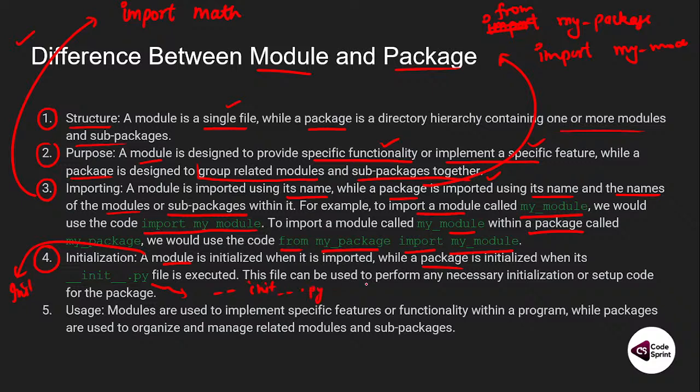This file can be used to perform any necessary initialization or setup of the code for the package. Now at last we have usage. Modules are used to implement specific features or functionality within a program, but packages are used to organize and manage related modules and packages.